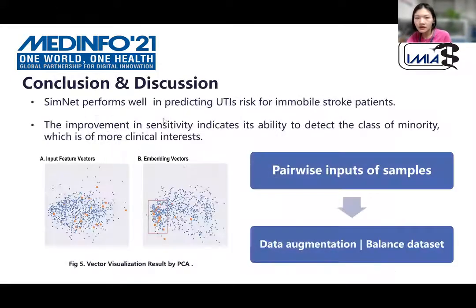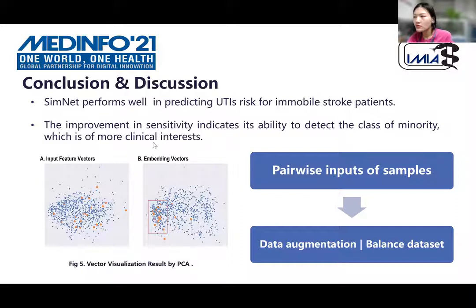We reflect on these results, and we may conclude that the SimNet performs well in predicting UTIs risk for immobile stroke patients in this study, and the improvement in sensitivity indicates its ability to detect the minority class, which is of more clinical interest for diseases and complications at a relatively low prevalence but with destructive outcomes.